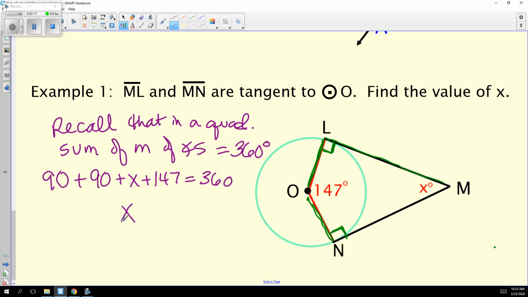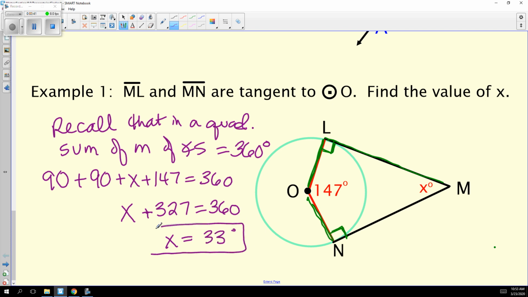Add the 90 and the 147, or if you prefer, just add 180 plus 147. You get 327. X plus 327 equals 360, and subtract 327, and x is equal to 33 degrees. And you're done. That's it on that one.